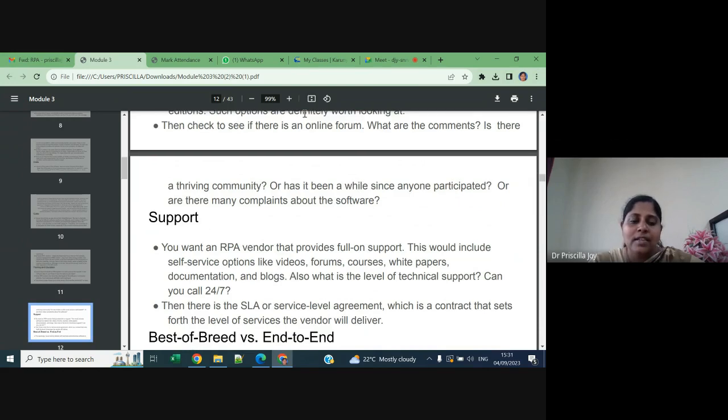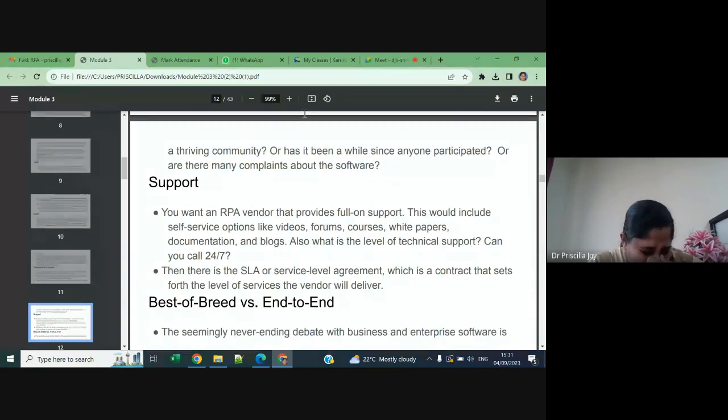And the next thing we'll be concentrating on is support. So we need full-time support from the vendors. It will include options like videos, forums, courses, white papers, documentation, and blogs, and from all such things we can have technical support, and we can improve our bot accordingly.